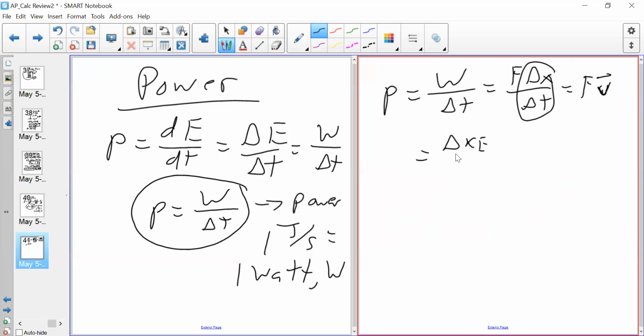And this delta E could be your change in kinetic energy, which is work, or the magnitude of the change, if you will, of potential energy, delta PE over delta t. Because power is a scalar, and so we're going to talk about how much E, not a direction. Power is not a vector, it's just a number. So we have delta PE, the magnitude of the change, because we understand that PE can be negative, but our job with physics is to take the physical situation and relate it in terms of what's going on.